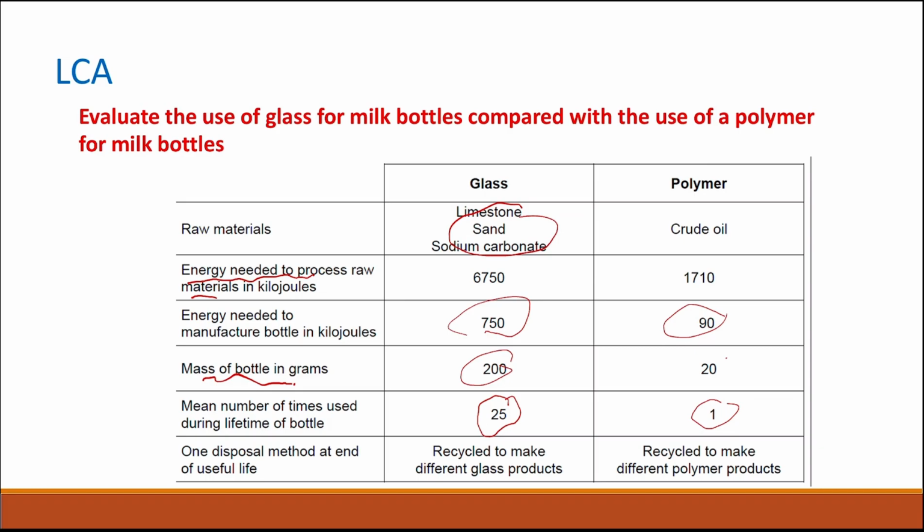You can find that both glass and polymer bottles can be recycled. Recycling of both of them can conserve the finite resources, especially for polymers because they come from a finite resource, which is crude oil.